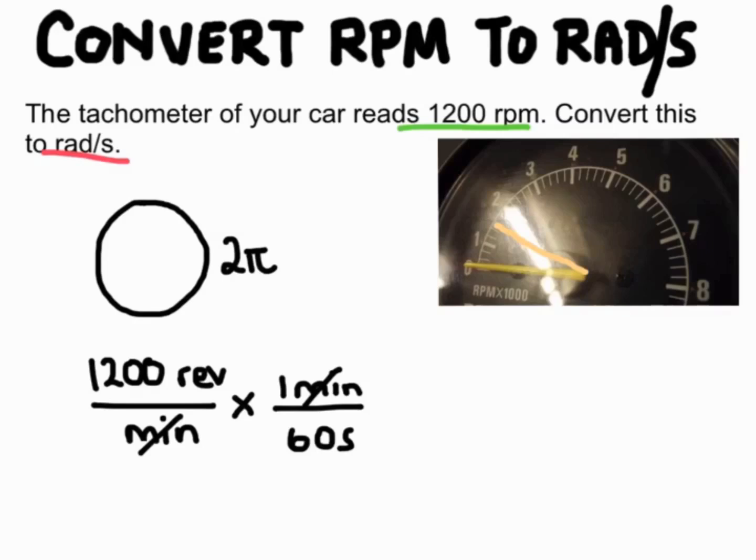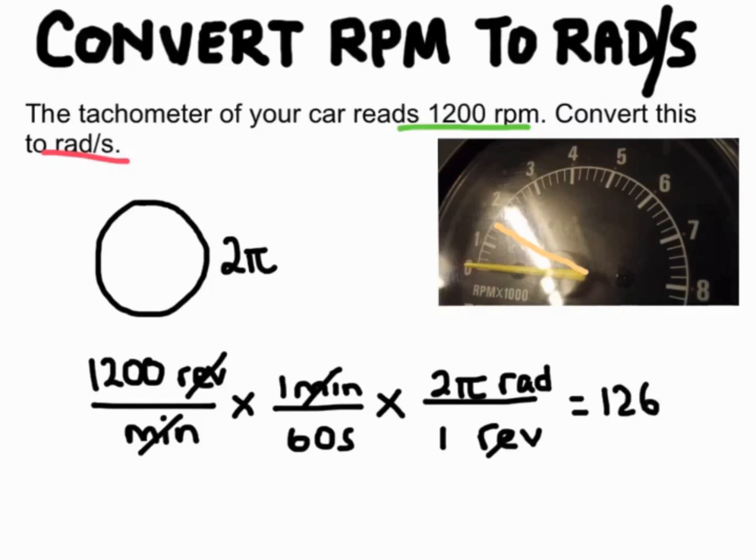And then I can convert the revolutions into radians, and for every revolution there's going to be 2 pi radians, and so the revolutions will cancel and we end up with a speed of 126 radians per second, and so there's our SI units.